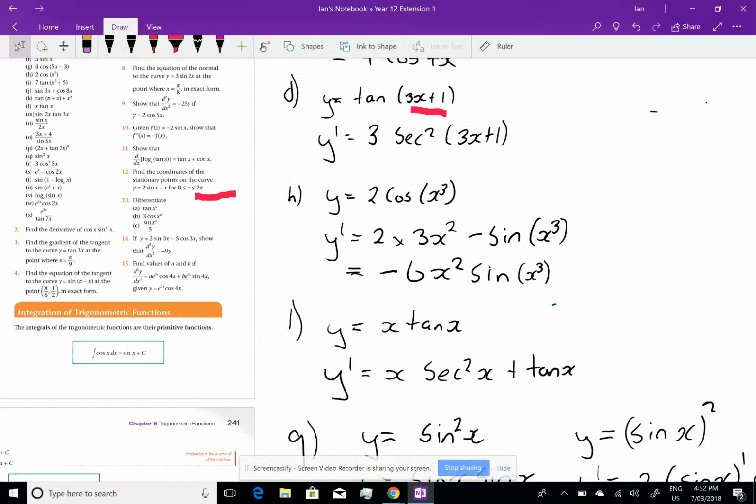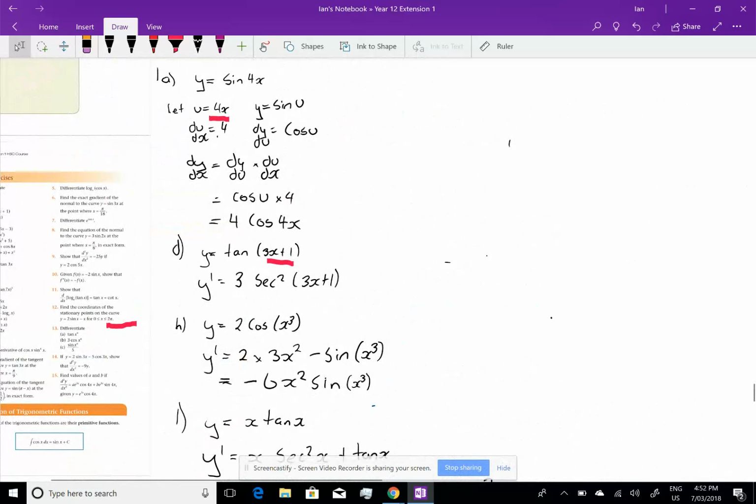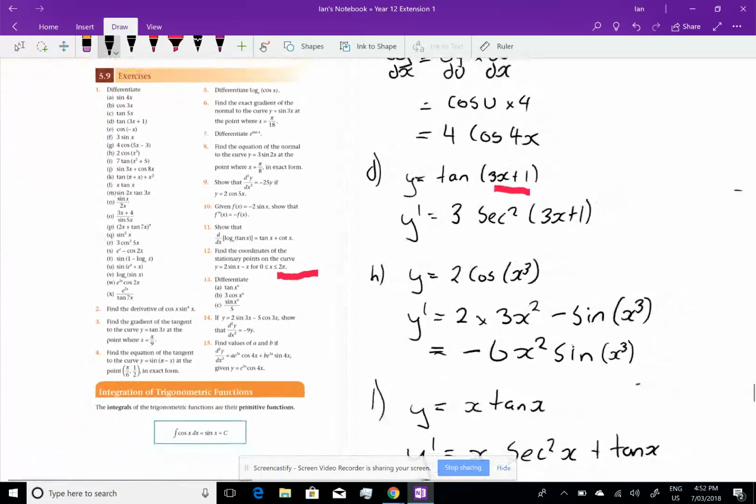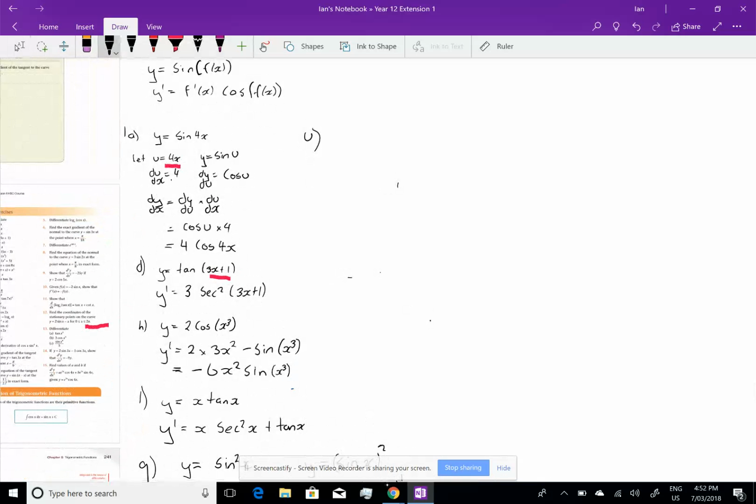I'm going to cruise down here a bit further now. I'll do u, v, and x. So u: y equals sine of e to the x plus x.